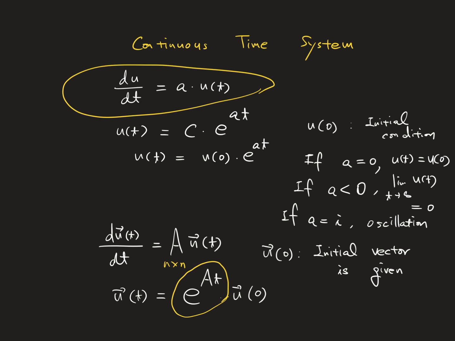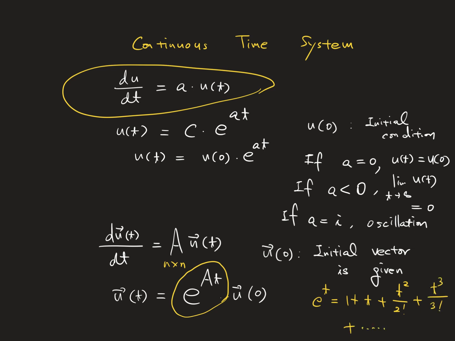We're going to use the Taylor series, because in the Taylor series we have e to the t, which is 1 plus t plus t squared over 2 plus t cubed over 3 factorial, something like that.